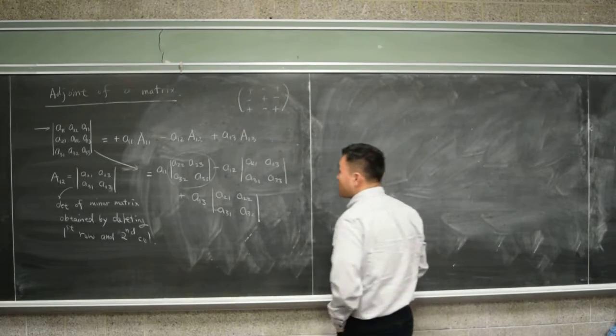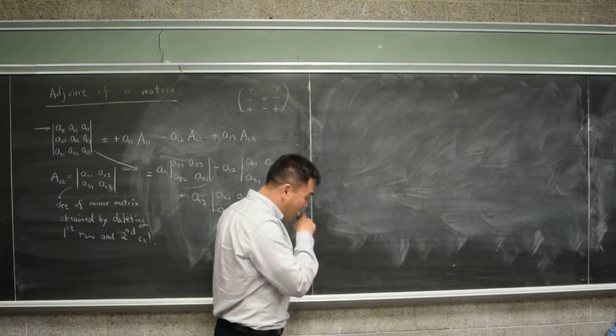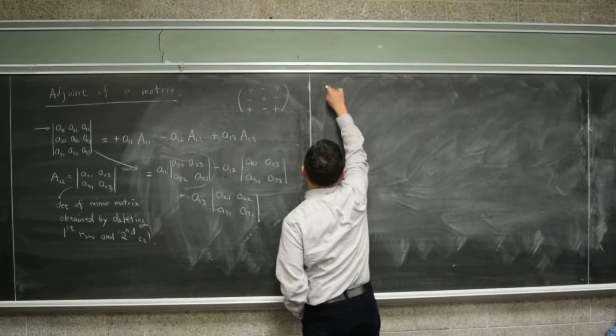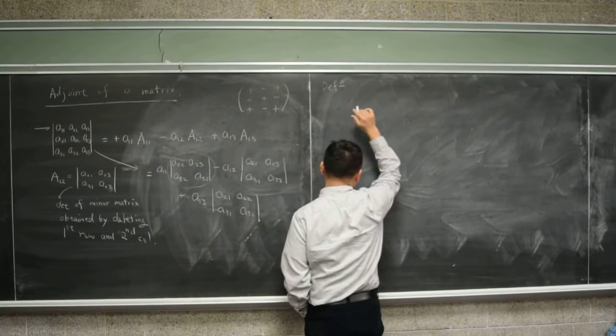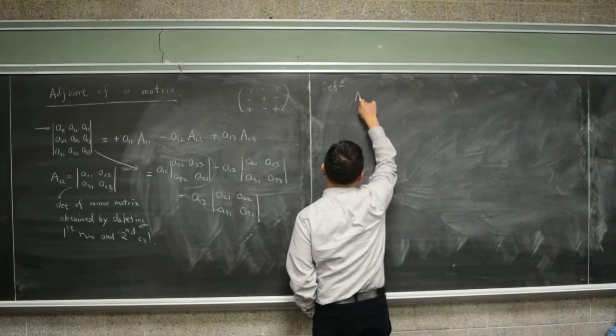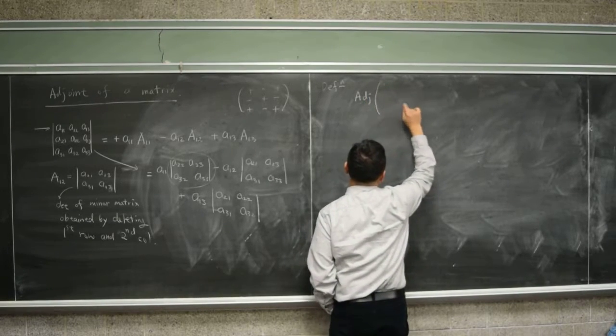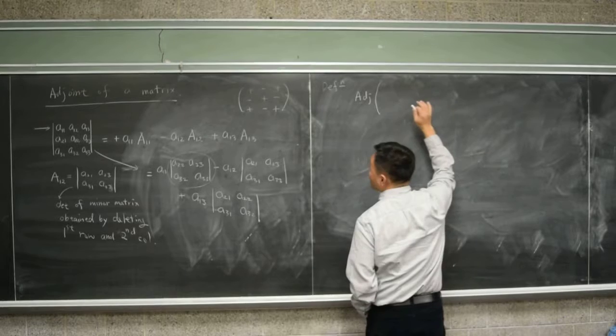Now I'm ready to define what an adjoint of a matrix is. Definition: the adjoint of a matrix, not the determinant of a matrix, but the matrix itself.